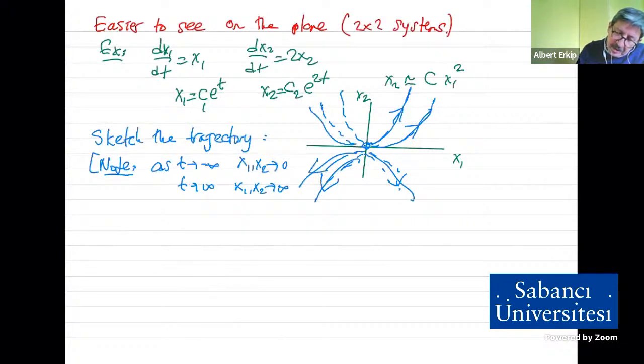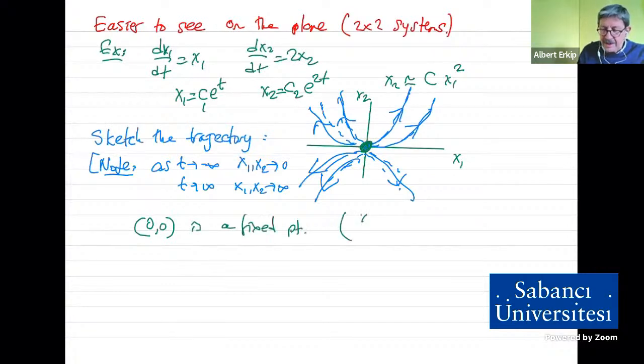These are trajectories. Plus, there is one other trajectory: 0, 0 is a fixed point. That means x1 is identically 0, x2 is identically 0, is a solution. Correct, because the right-hand side is 0, the left-hand side is 0. So these are trajectories. Also, two more special ones.